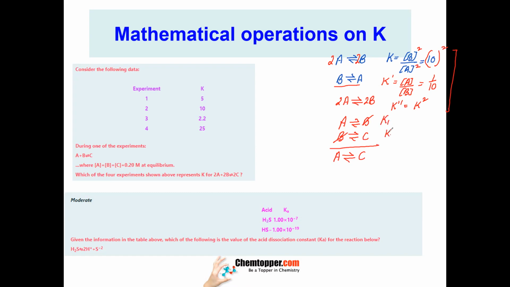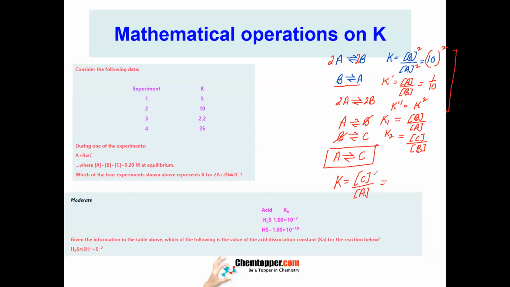Let's say this is K2. Write the expression for K1: concentration of B over concentration of A. K2 is concentration of C over concentration of B. So what's the K expression for this equilibrium? Isn't it concentration of C over concentration of A?